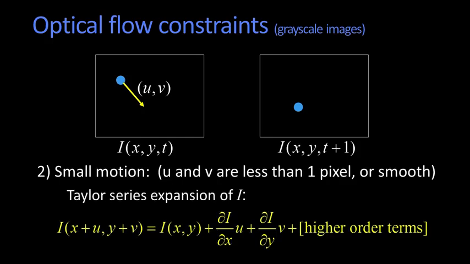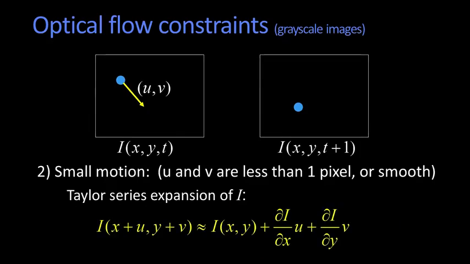What that means is I can estimate, using the Taylor expansion, that the value of an image displaced from x by u and displaced from y by v is, well, it's exactly the original value plus the gradient in x times delta x plus the gradient in y times delta y, where u and v are delta x and delta y respectively, plus some higher order terms. Remember Taylor expansion: if you go infinite series, you get the exact solution, but we're just going to say plus some higher order terms, and then when we make those higher order terms go away, poof, wow, isn't that great? I've got the power right here.